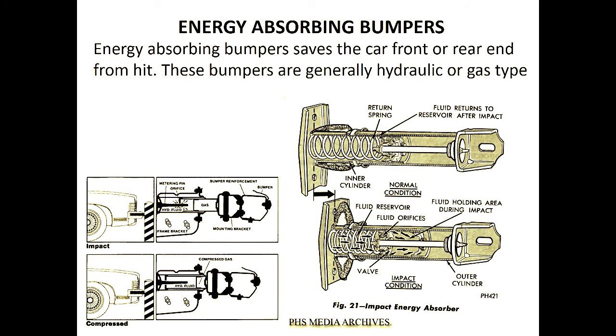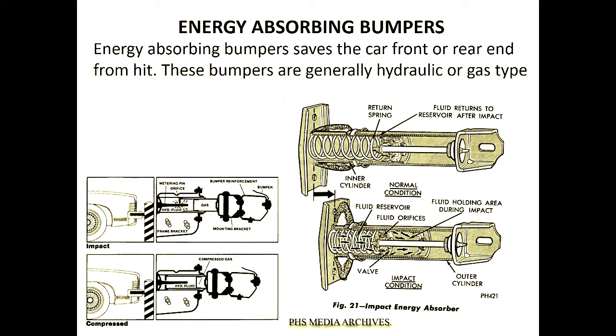Energy absorbing bumpers. Energy absorbing bumpers save the car front or rear end from hits. These bumpers are generally hydraulic or gas type. You know, a simple bumper will not have helical springs.